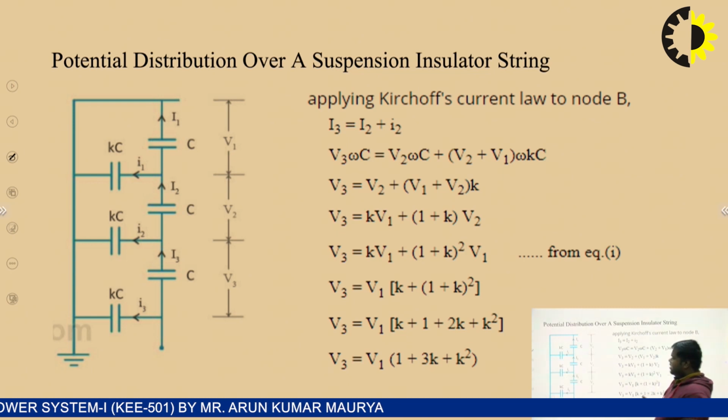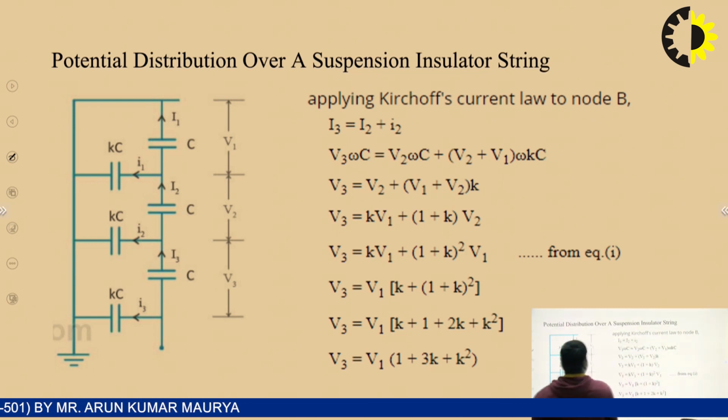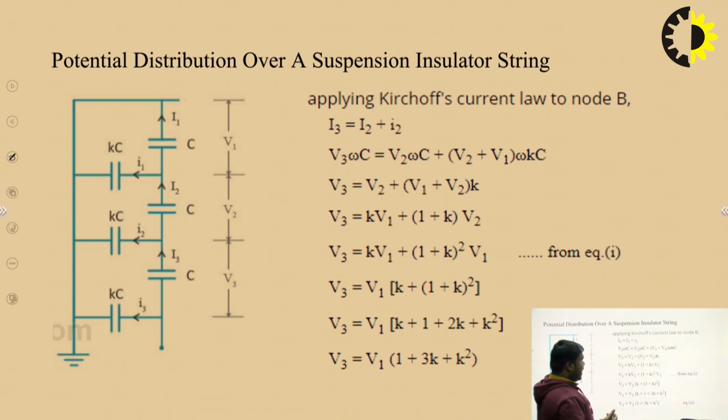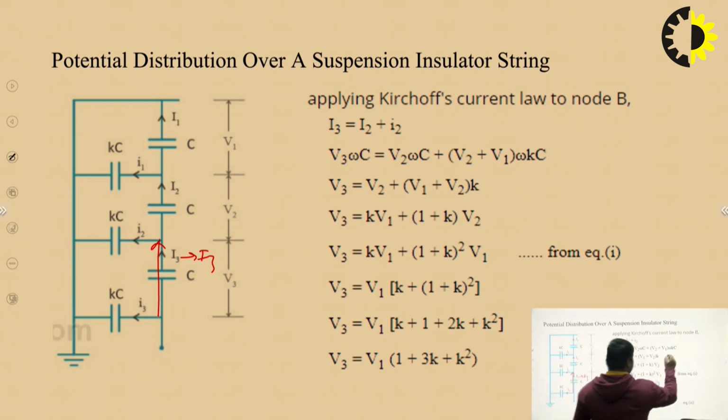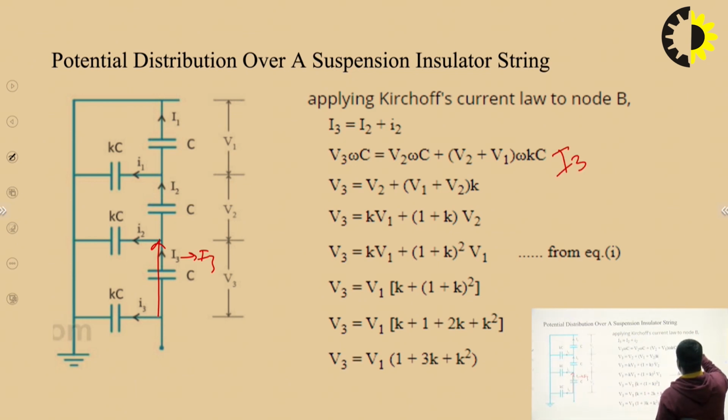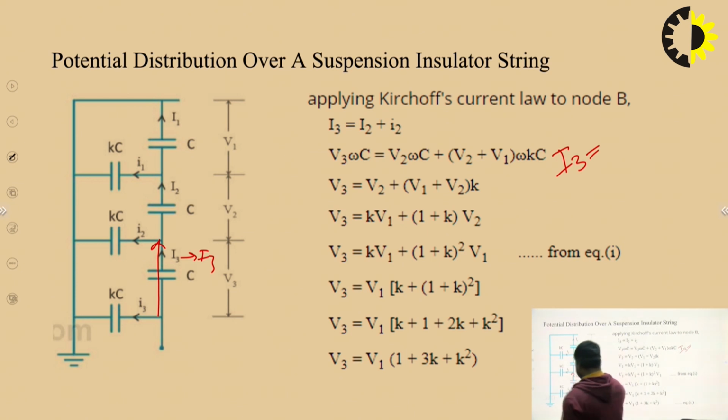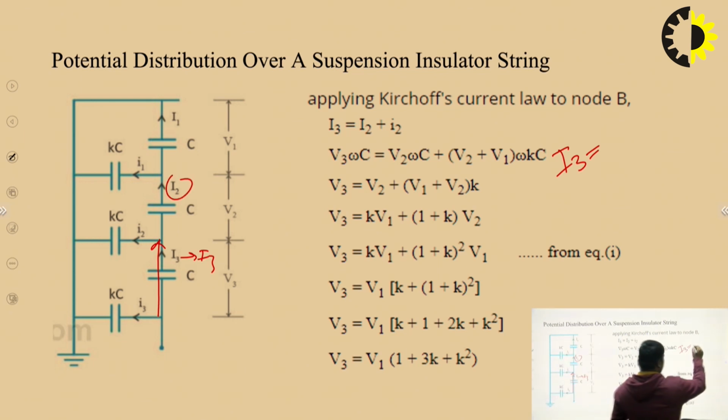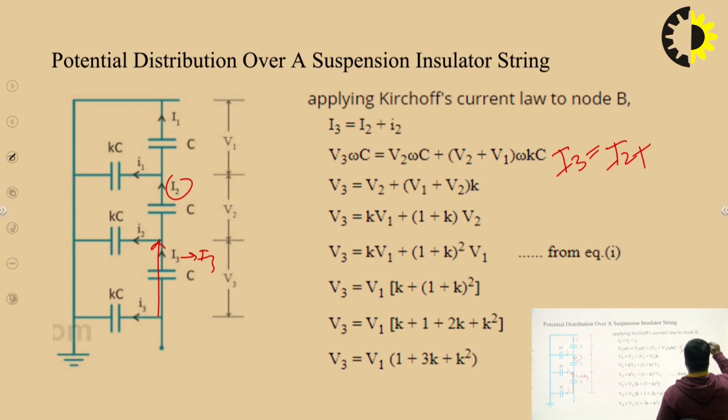On the other side, we will see the potential distribution over a suspension insulator string, applying the KCL law at node B. In this case, this current is I3. So I3 equals I2 plus I2, where the capital I2 is the summation.